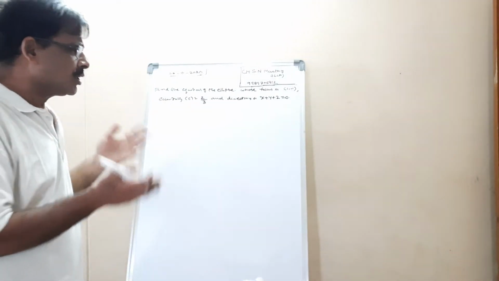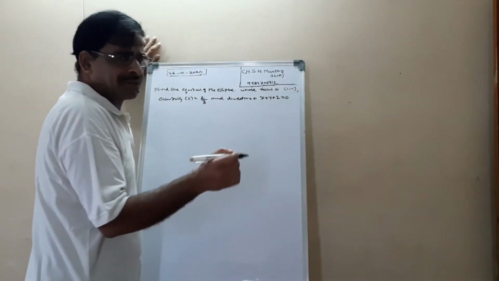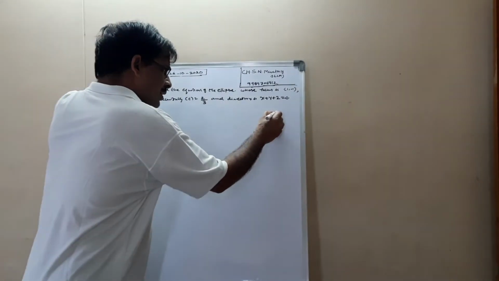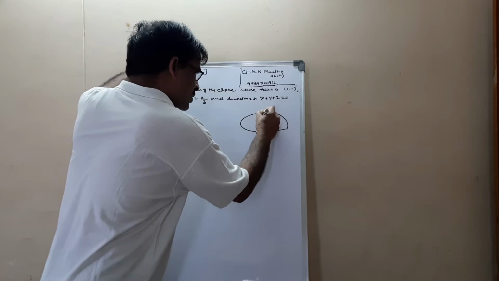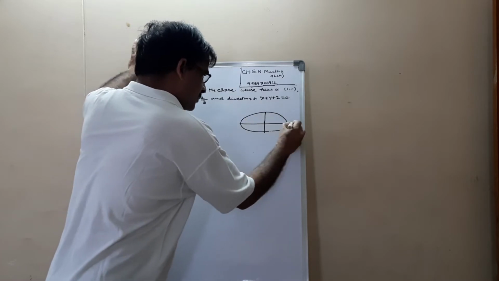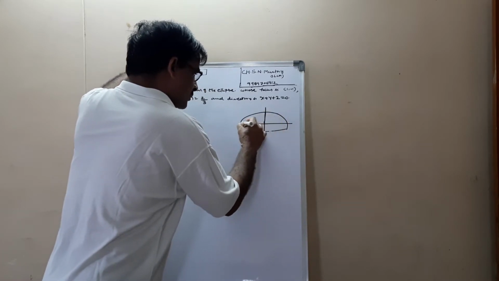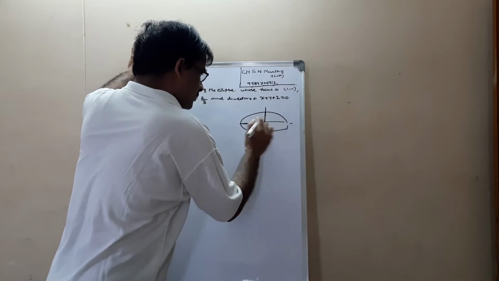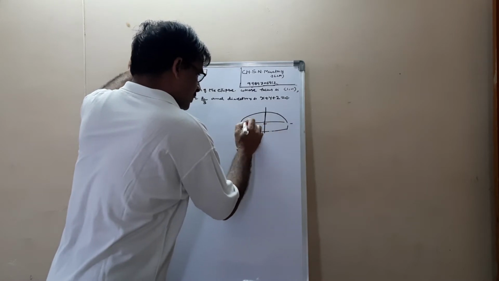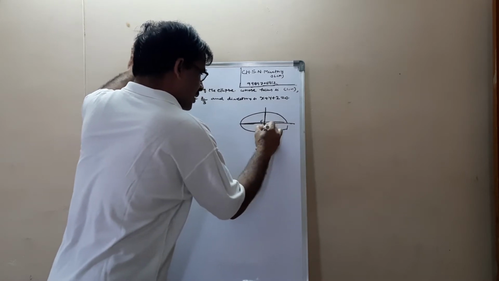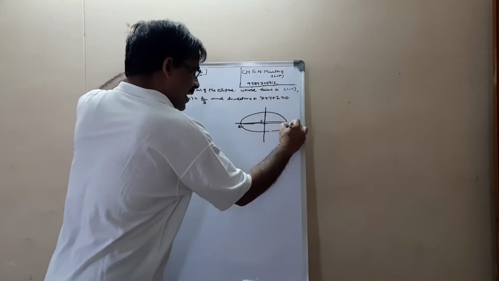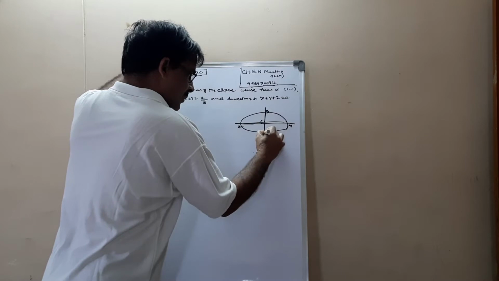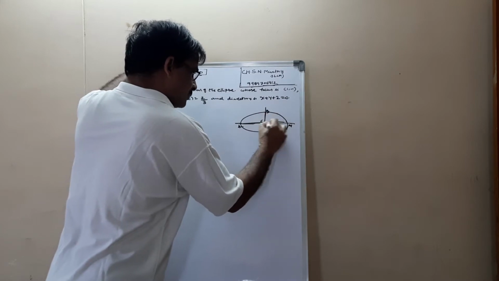You draw a rough sketch of the ellipse. This is the center. This is A dash, B dash.